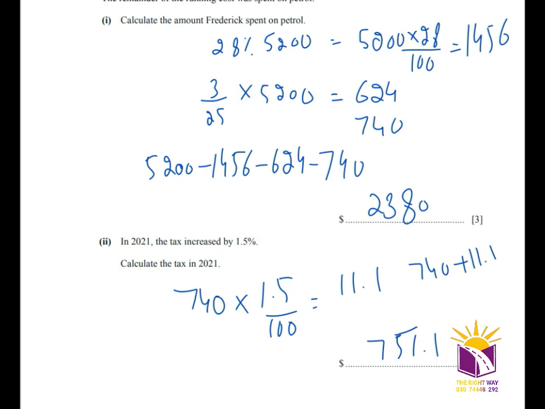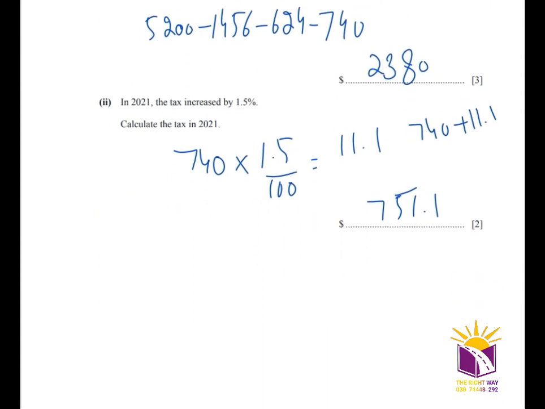You can use this method, or you can use the ratio method. The tax is 100% in 2020, and in 2021 it is 101.5.